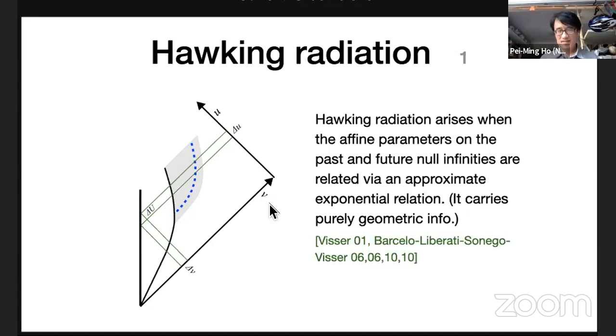Right. You could still go through with some generic strongly coupled CFT, but in order to see the Hawking radiation, you would still need some kind of free field picture, some perturbative picture at least. That's right, because Hawking radiation is about these particles. Yes, you need that picture.